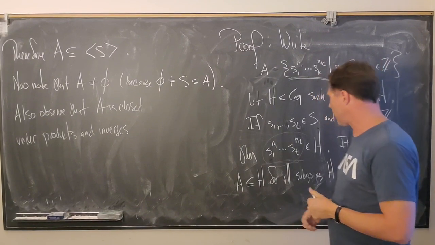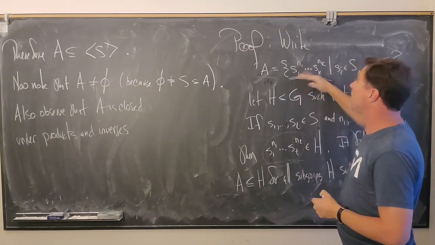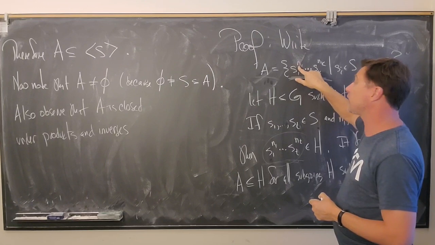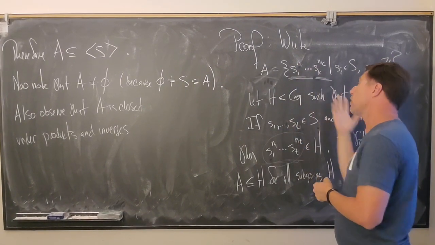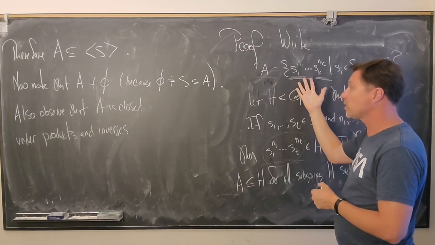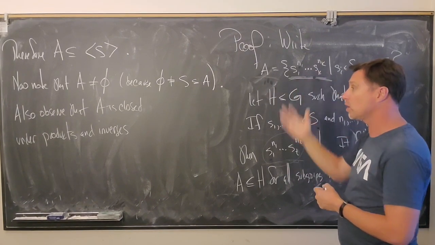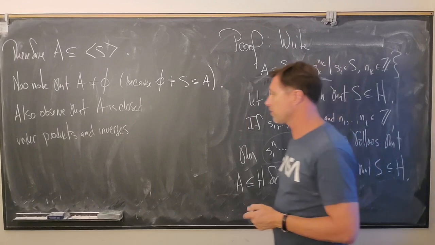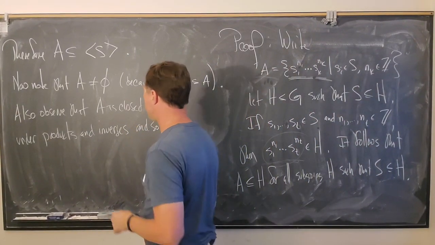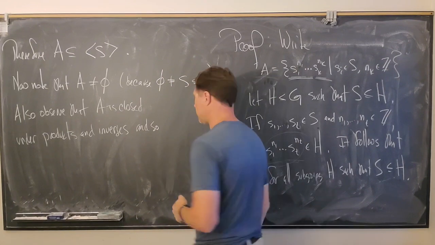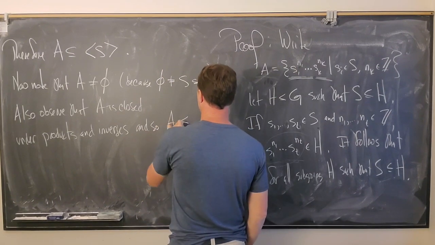If I take an object like this, then its inverse is going to be obtained by just changing all of those exponents to their negatives, which is another object that looks like this. So by construction, A is closed under both products and inverses. And so I just use the subgroup test. So A is a subgroup of G.